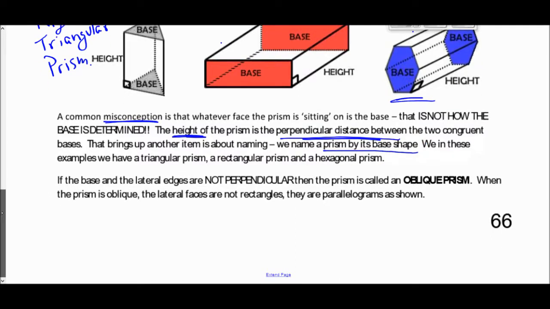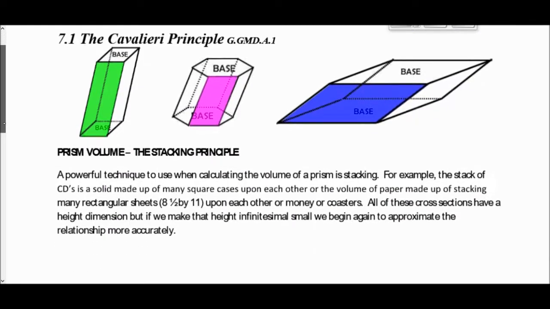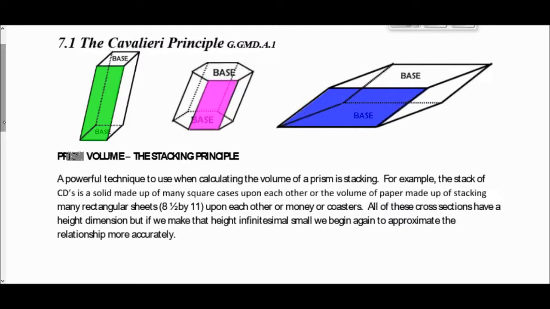Now, we talked about right prisms. If it's not a right prism, that means the faces are not perpendicular to the base. We call that an oblique prism, oblique. And on the next page, there are some examples. Top of page 67, we have some examples of oblique prisms.